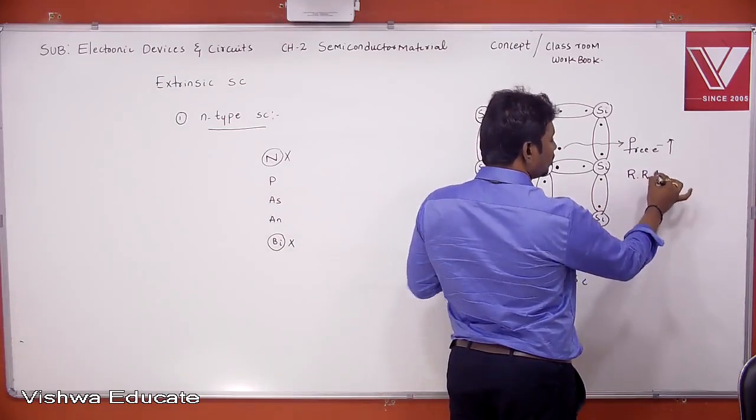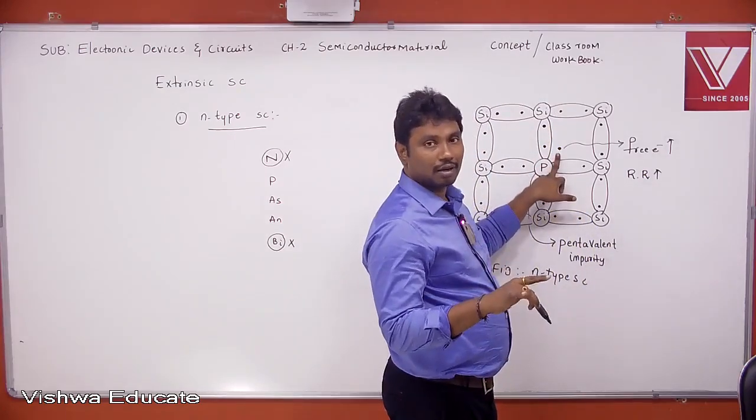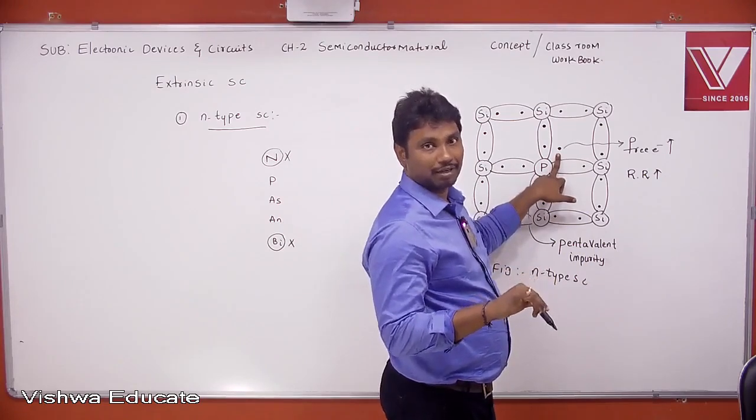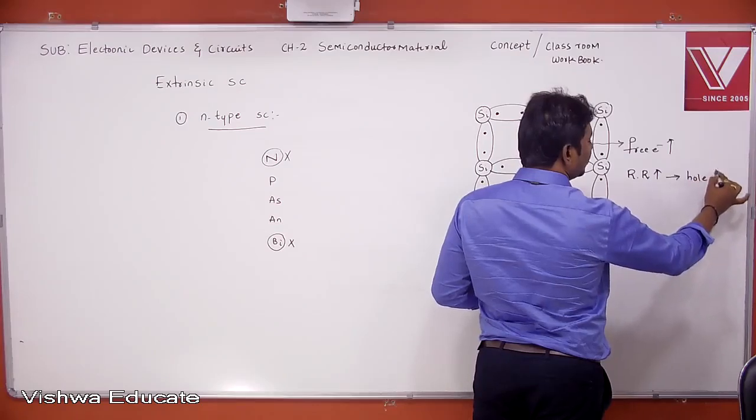Recombination rate also increases. That means a few free electrons are recombined with the holes present in the intrinsic semiconductor. As a result, the hole concentration decreases.